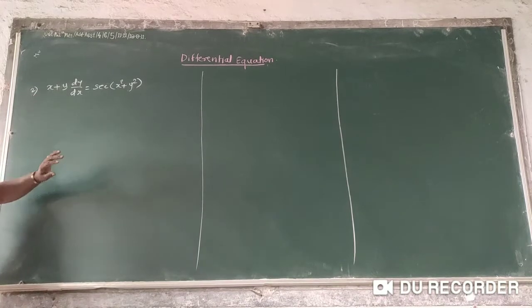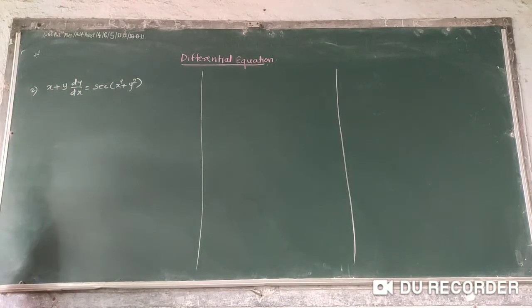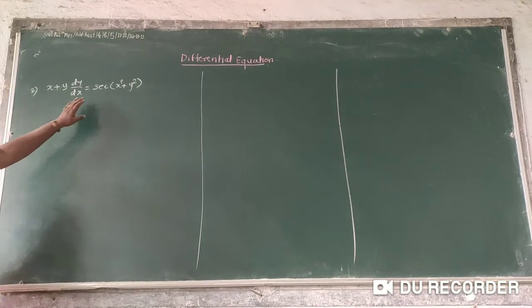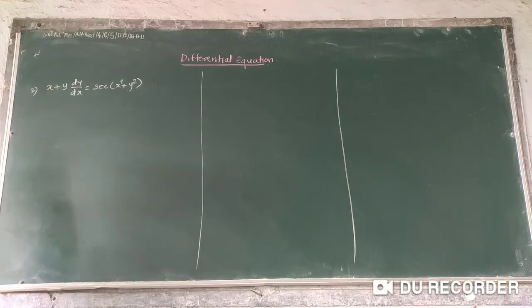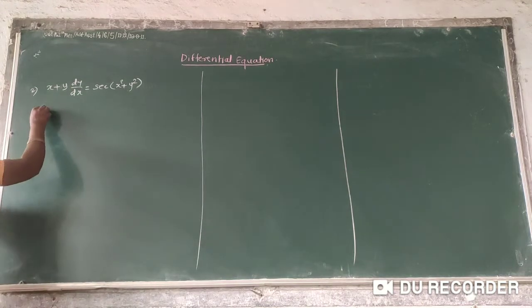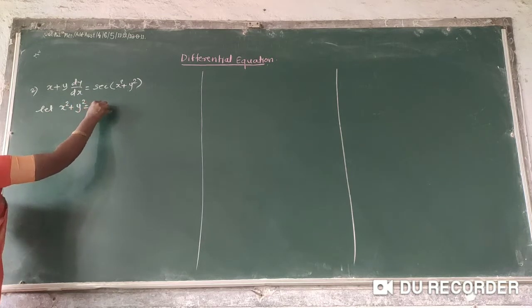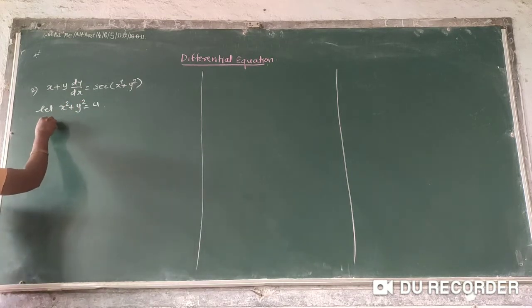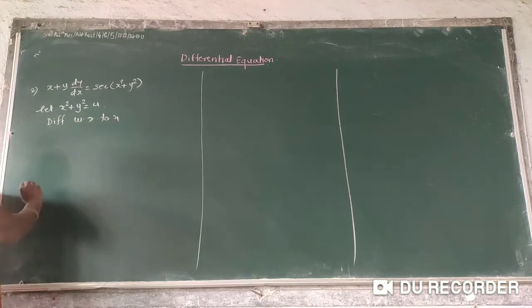Now let us see the second example: x plus y dy by dx is equal to sec of x square plus y square. Here the angle of sec is x square plus y square. For this, substitute it as u. Let x square plus y square is equal to u. Differentiate this equation with respect to x.